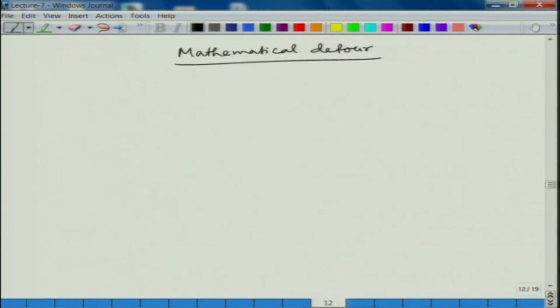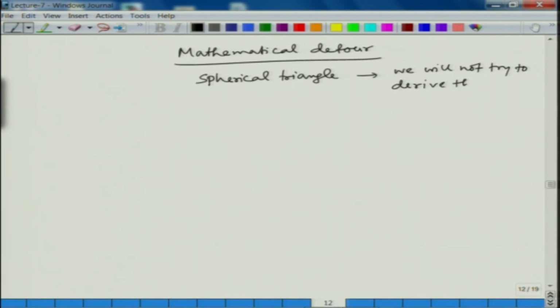And this mathematical detour will be on spherical triangles. Again, we will not try to derive them, we will just use them, and if you are interested, you can look up the solid geometry from which this relationship will come.